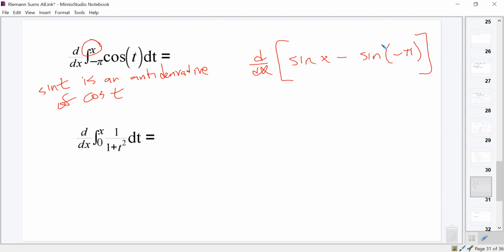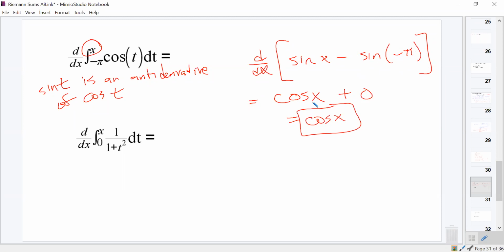But now, rather than just evaluating this right away, we need to take the derivative of it. So what's the derivative of sine x? Cosine x. And what is negative sine of negative pi? It's all just a constant, right? And so if we take the derivative of a constant, what do we end up with? 0. 0, or just cosine x.